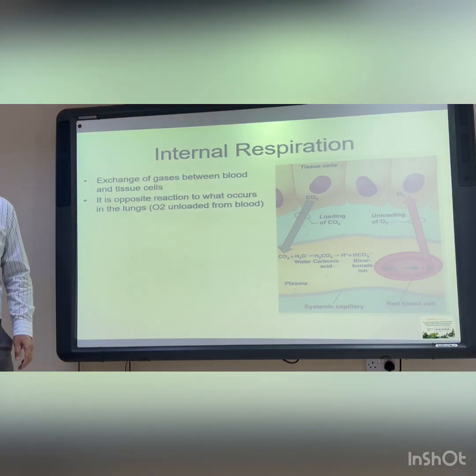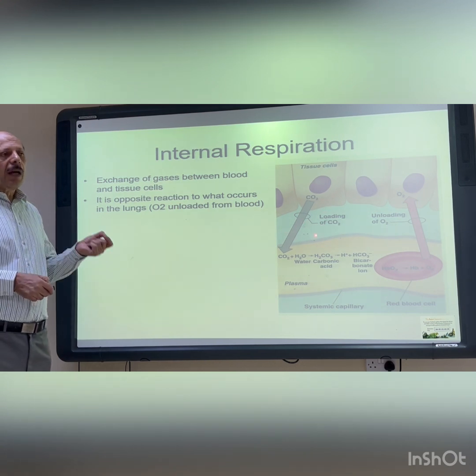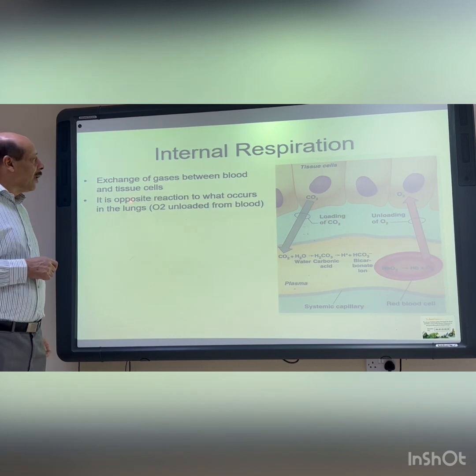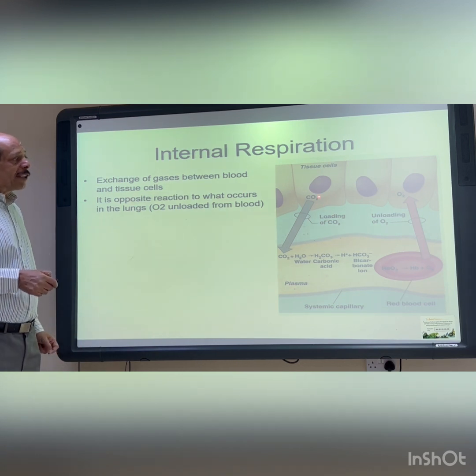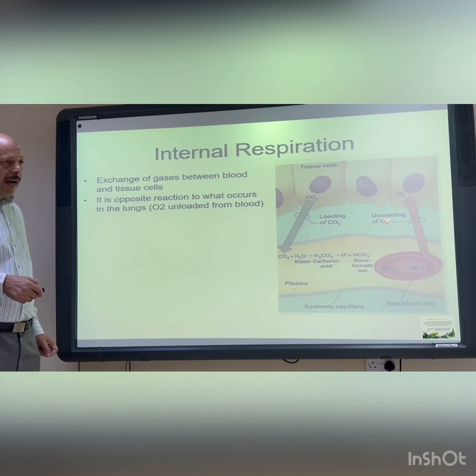The internal respiration, as we said, is the exchange of gases between the blood and the tissues. When the blood reaches the tissues, as it is in the capillaries, which are a thin layer, the concentration of oxygen is high.